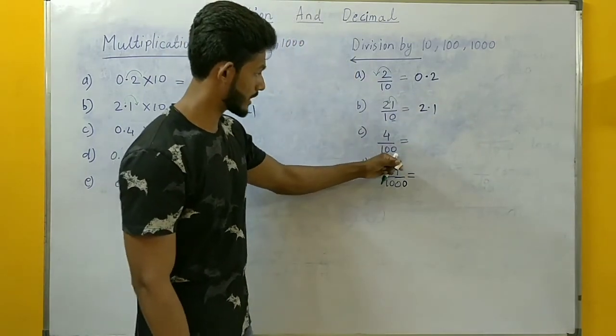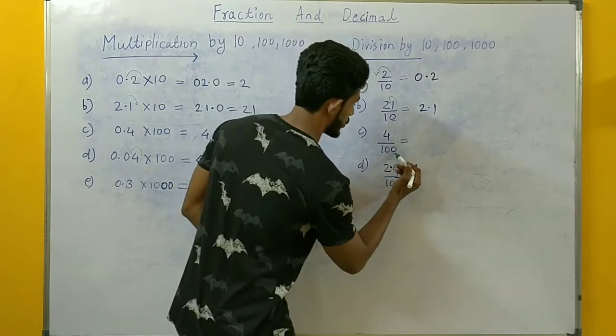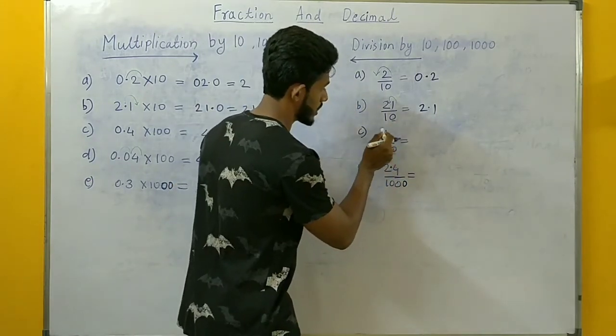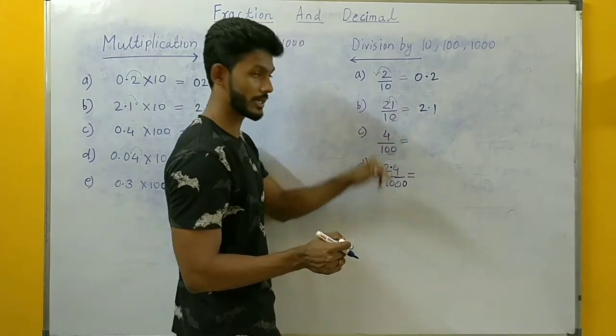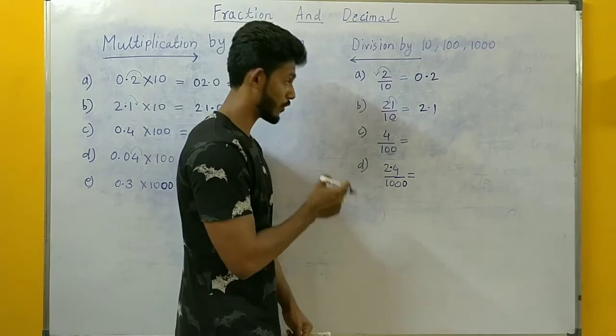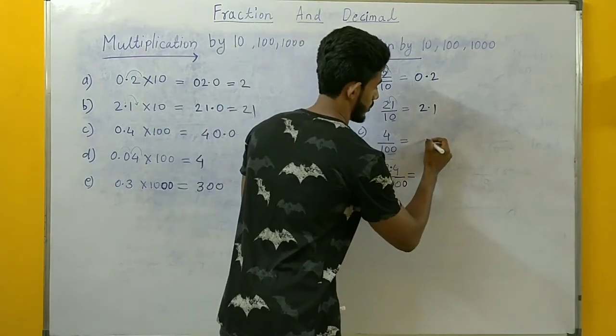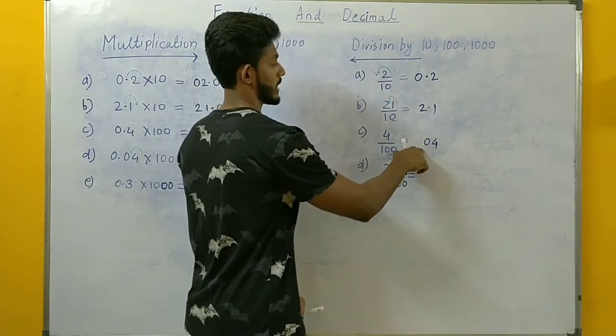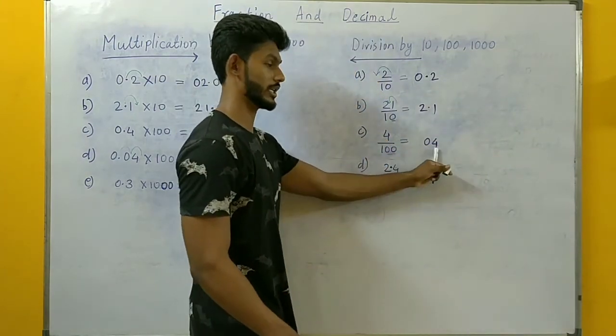Now in this case you can see that we have 2 zeros. So we have to move 2 digits towards our left hand side from here. But we have only one digit in the numerator. So what we are going to do is we are going to take 1 zero and 4. Now you can see that these are 2 digits.